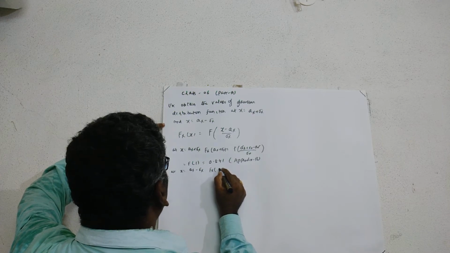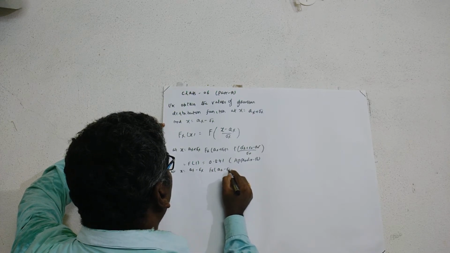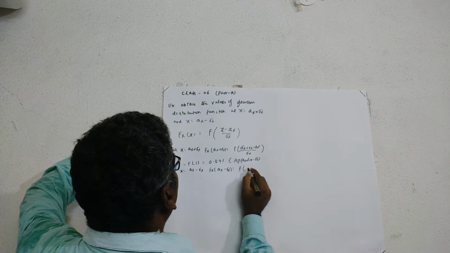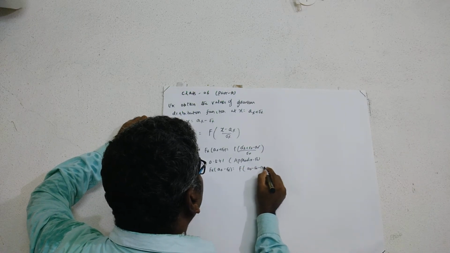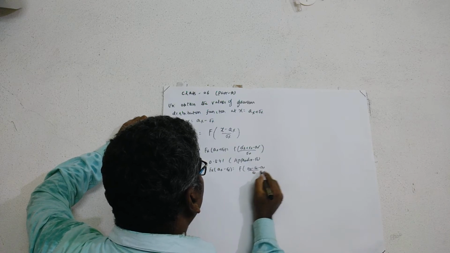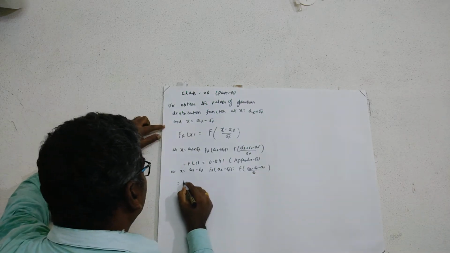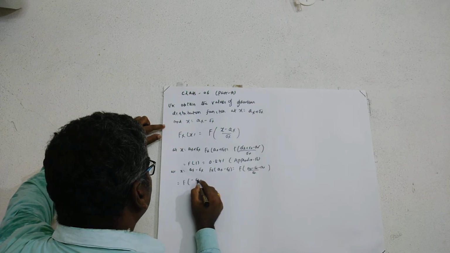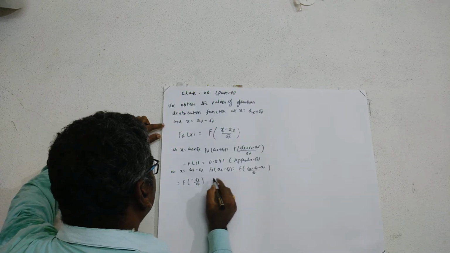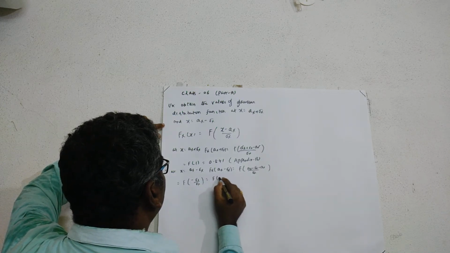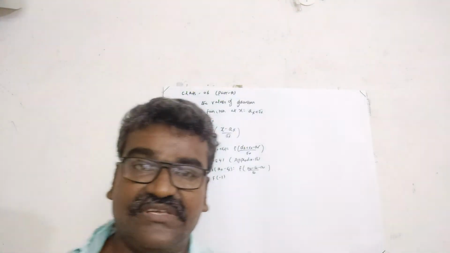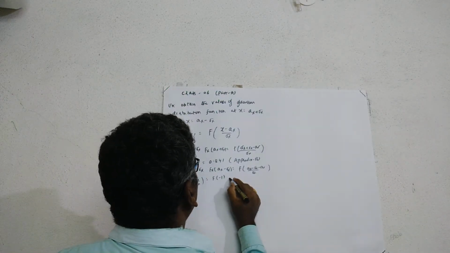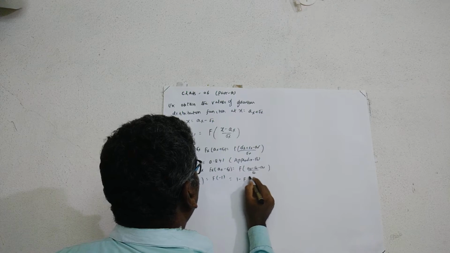Fx of (ax minus sigma x) is equal to F of (ax minus sigma x minus ax) by sigma x, which leads to F of minus sigma x by sigma x, equal to F of minus 1. What is the relation between F of minus x and F of x? F of minus x is equal to 1 minus F of x. Hence it can be written as 1 minus F of 1.